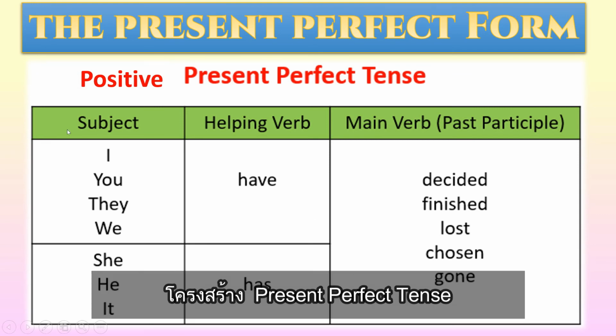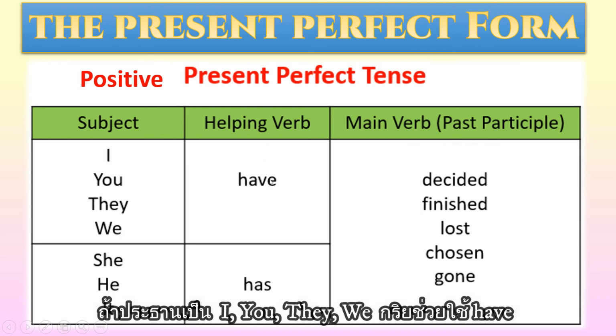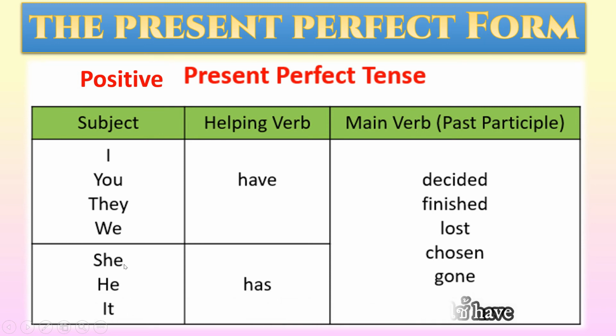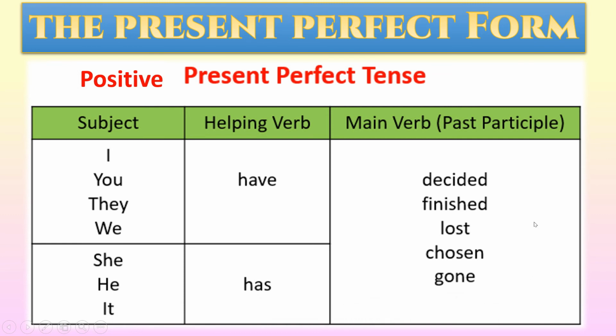For the positive sentence, we have the subject plus the helping verb followed by the main verb, which is the past participle. I, we, you, they take have as the helping verb, and then the main verb, which is a past participle. He, she, it, or a singular noun takes has, and then the past participle.